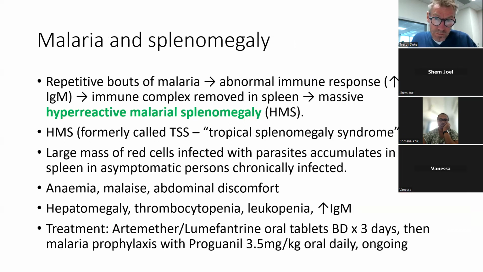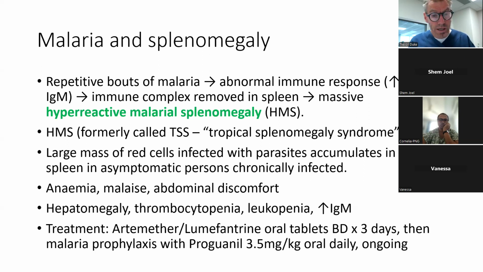children will. The most common cause of hypersplenism in children is malaria, and this hyperreactive malarial splenomegaly, HMS, it used to be called TSS, or tropical splenomegaly syndrome, results from repetitive episodes of malaria in a sort of chronic low-level state, and that produces an abnormal immune response where there's a massive increase in immunoglobulin M, and that leads to an immune complex.